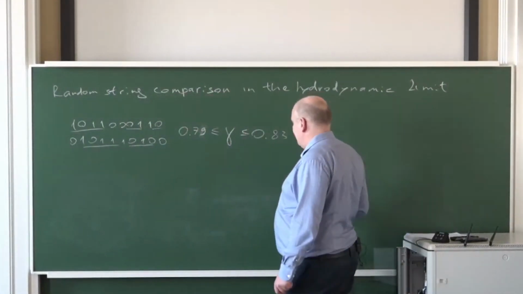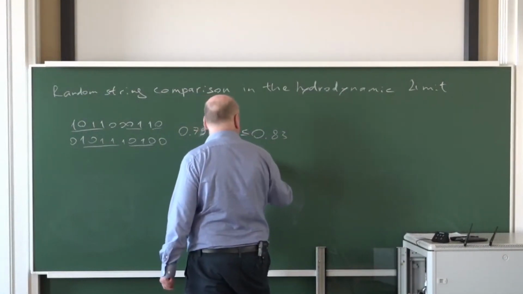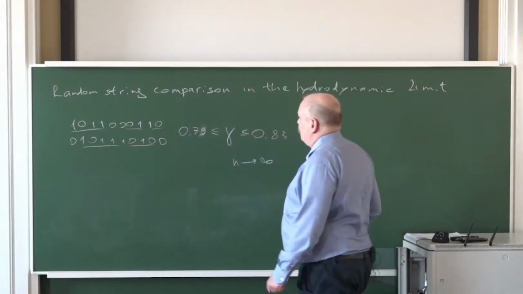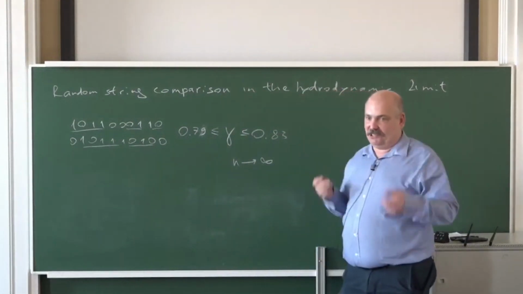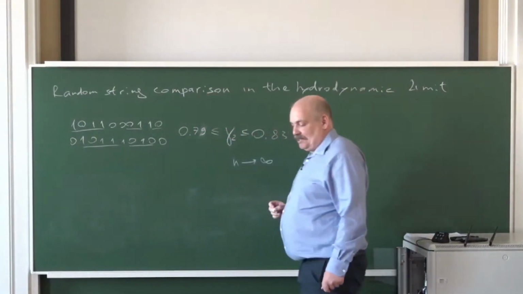And of course, the question is the value of gamma as n tends to infinity, and of course we can take an alphabet larger than 2, but let's just concentrate on 2, so let's call it gamma 2.